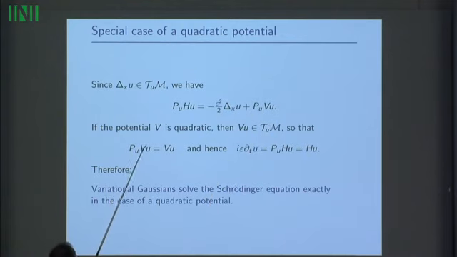So I have P_u V u equals V u, and hence what I have then is i epsilon d_t u, according to our approximation that we chose. This is the projection of H u, but here this and this are just H plus V, so this is again the Hamiltonian. So we see that in the case of a quadratic Hamiltonian, the Gaussians are exact solutions of the Schrödinger equation.